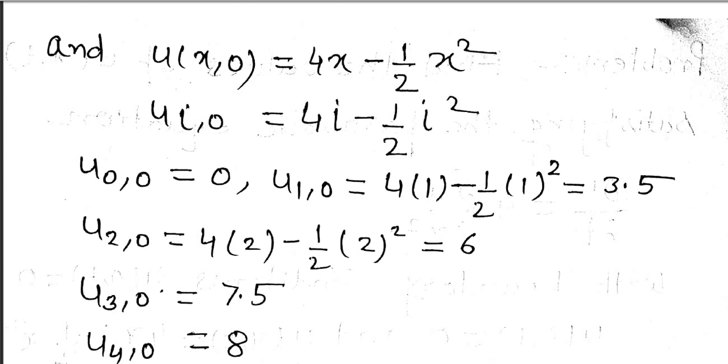So if you put in place of i 0, then we get u00, which is equal to 0.